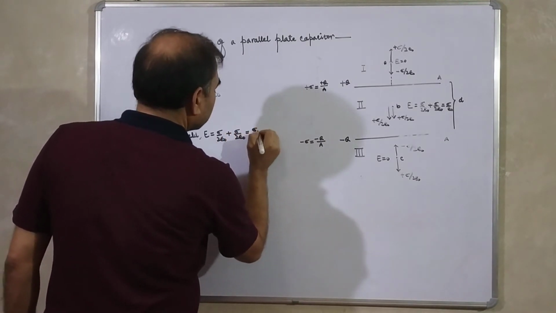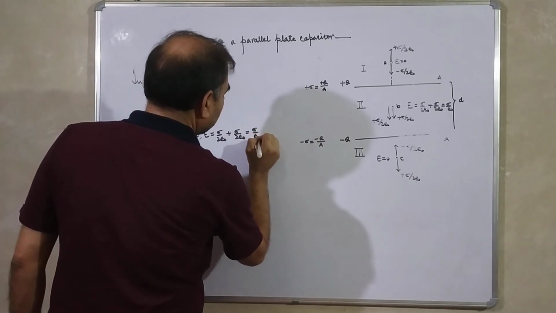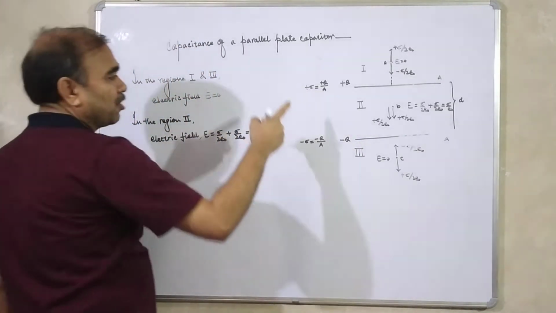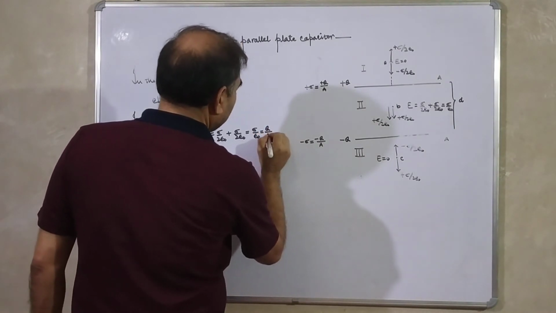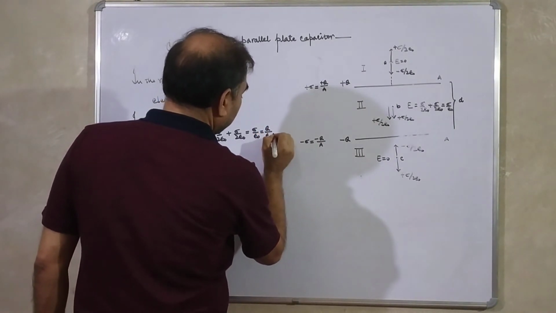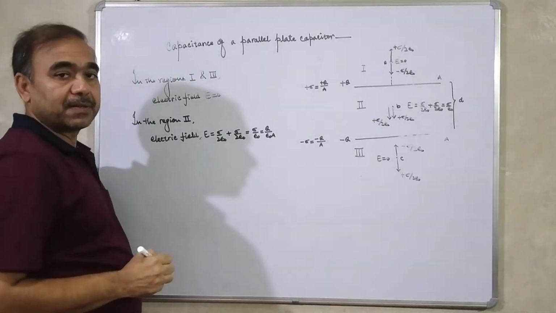This gives you sigma by epsilon naught. Sigma, that is Q by A. We write Q by epsilon naught A. This is the electric field.